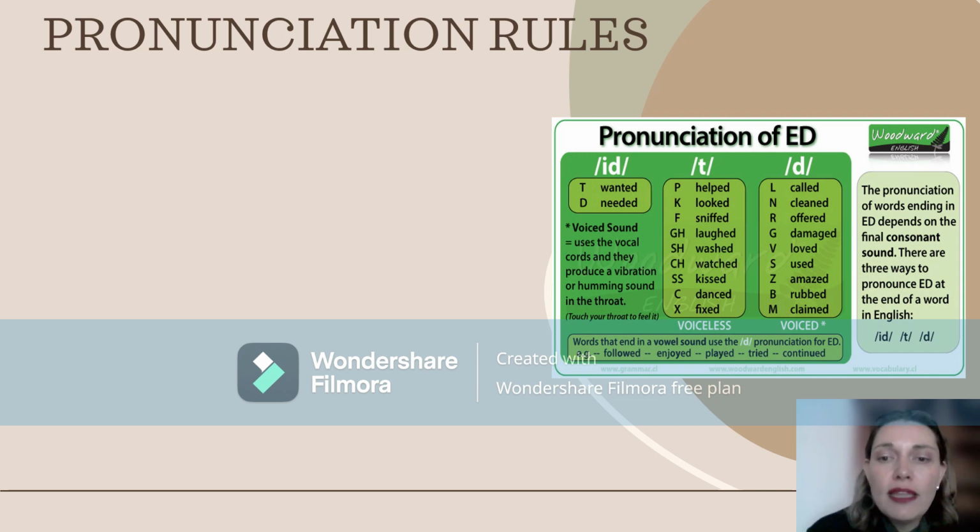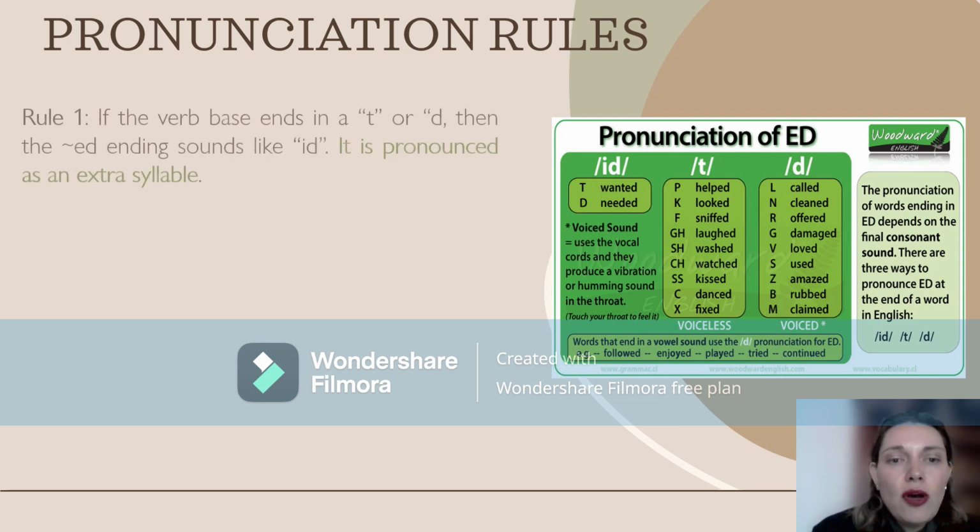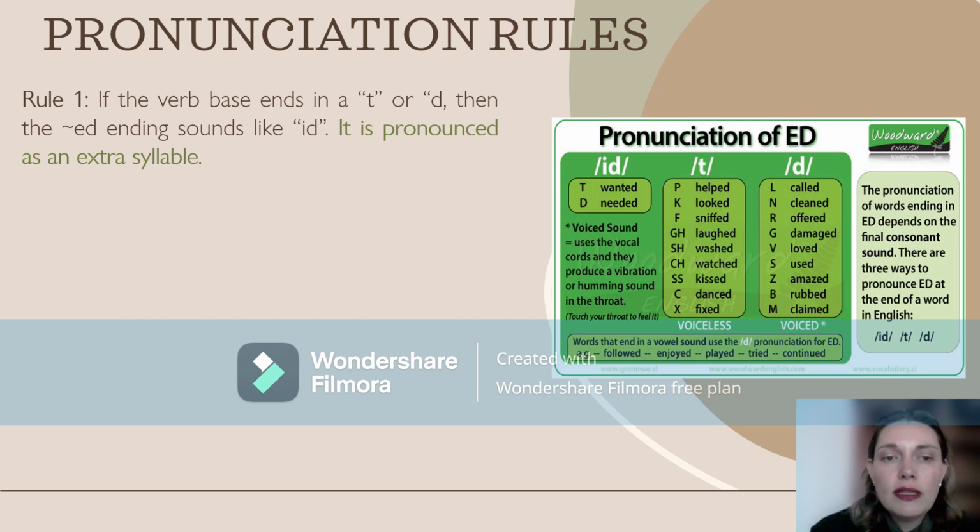There are three different ways to pronounce ed at the end of words. We checked this in the previous slides, and these three different sounds are id, t, and d.